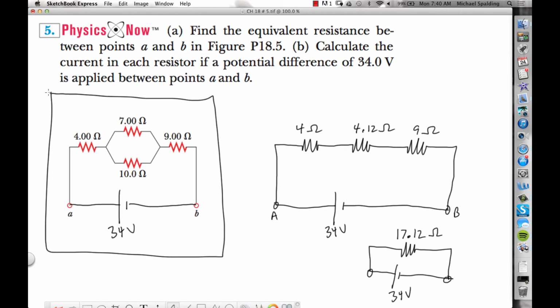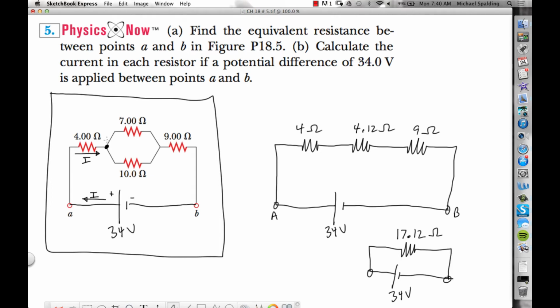Now, how many separate, unique currents do we have in this picture? There are 3 currents here, so let's label them. Labeling currents is important. Let's call the current out of the battery I. So I comes in like this. Now, right there, what happens to I?